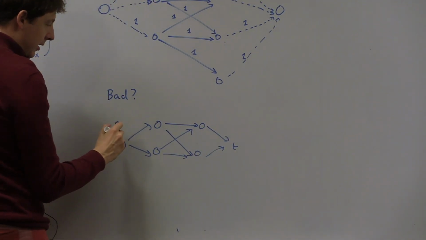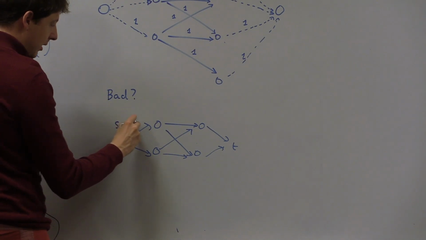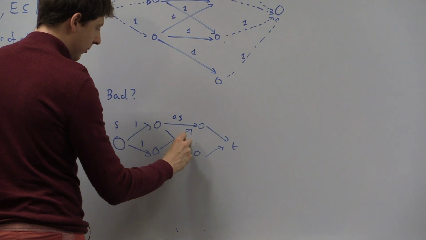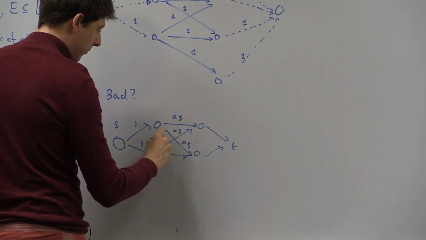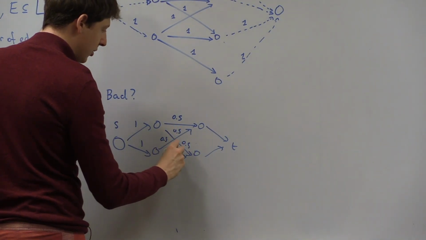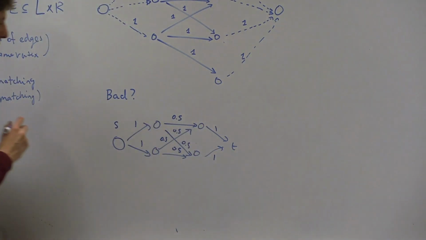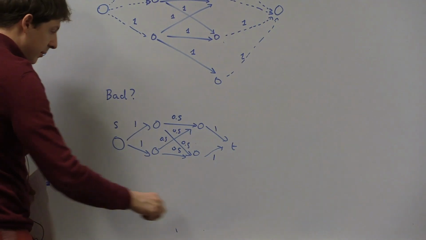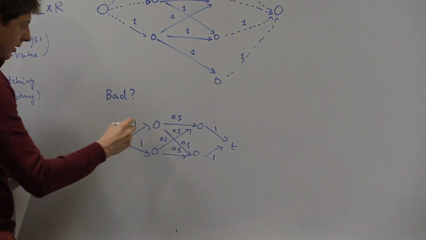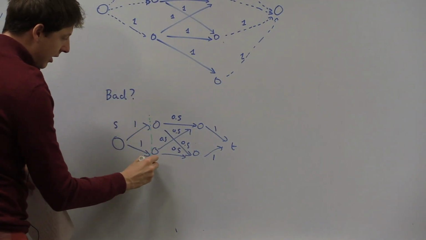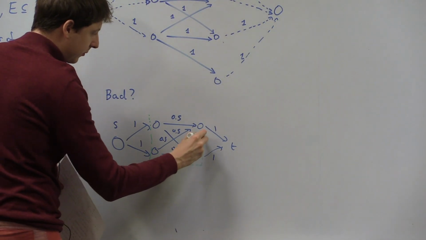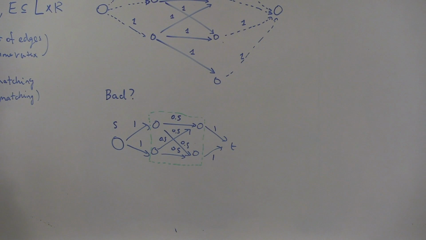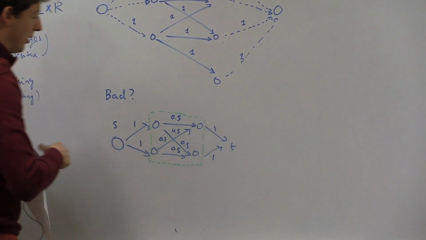And let's say that I pass a unit of flow on each of these and 0.5 on all of these internal edges. So this would be a max flow on this instance, and it looks like a worrisome example, because this inner part of the graph could have been our beginning bipartite matching instance, right? Our bipartite graph.